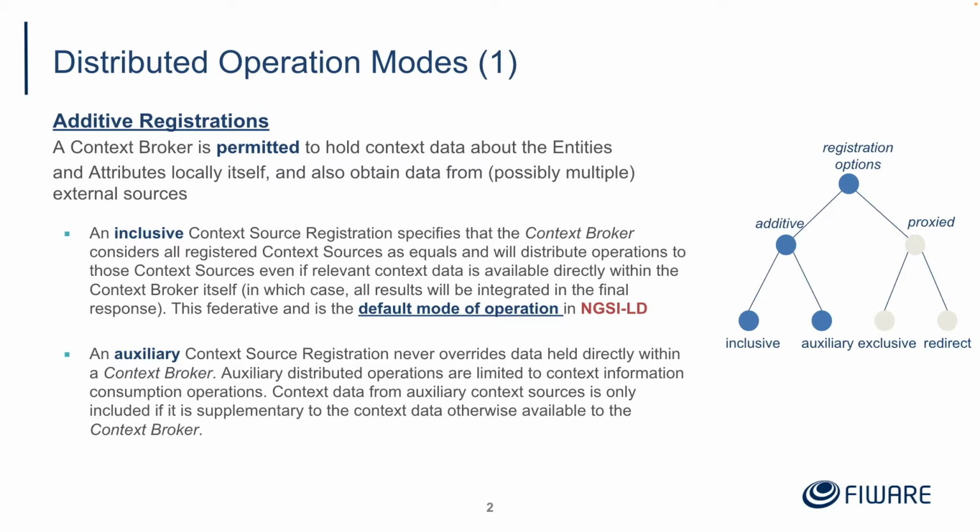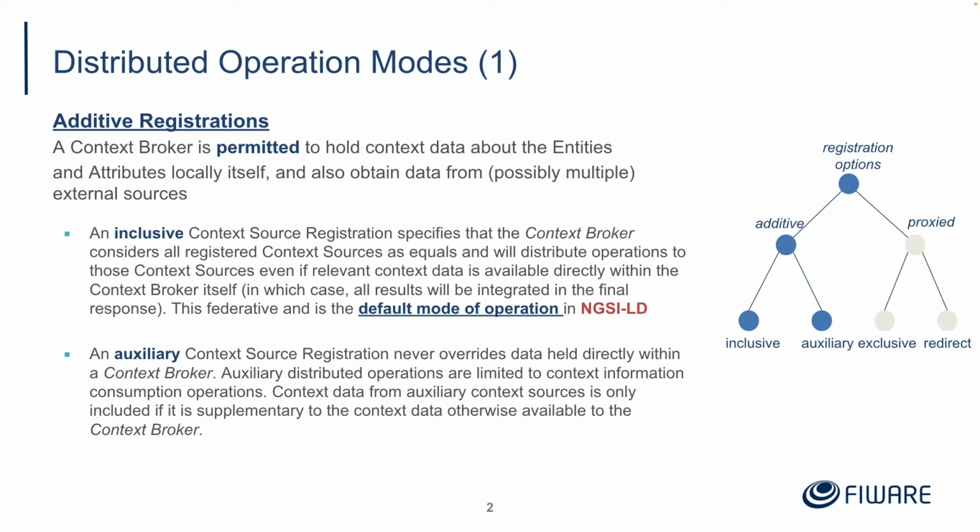So if I've already got data about the weather, for example, then I will use that in preference to asking maybe a more expensive or a slower resource to give me the information which I've already got. So with an auxiliary registration, the data in an auxiliary registration never overrides the data which you can get from the context broker you are calling.